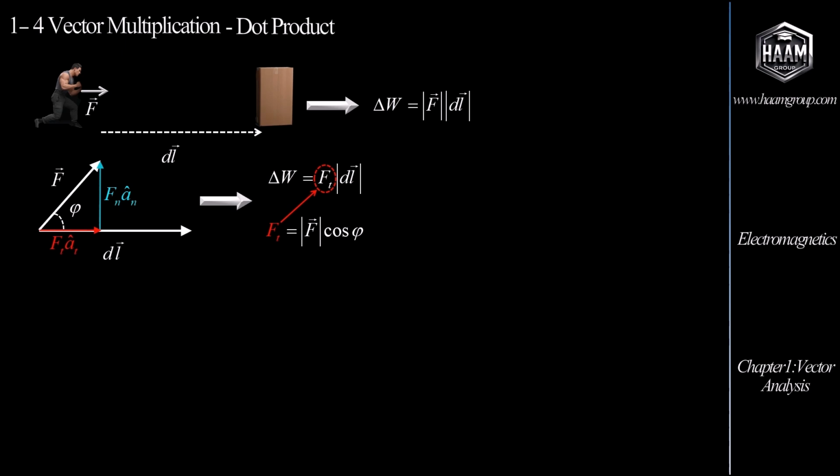Substituting F sub t, we get delta W equals abs F cosine phi abs dl.